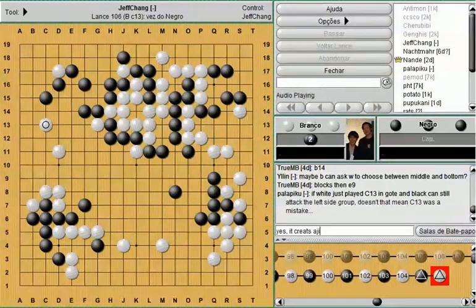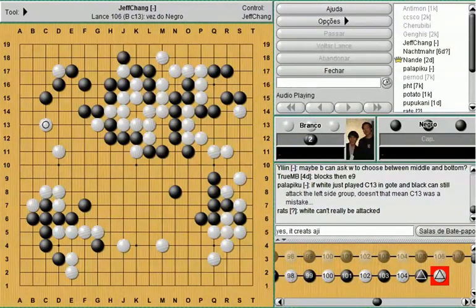If white just plays C13 in gote and black cuts. Okay, now I understand it. That is actually logical.